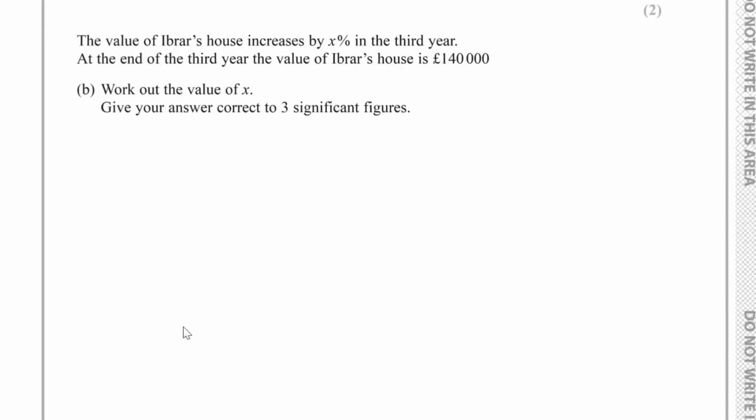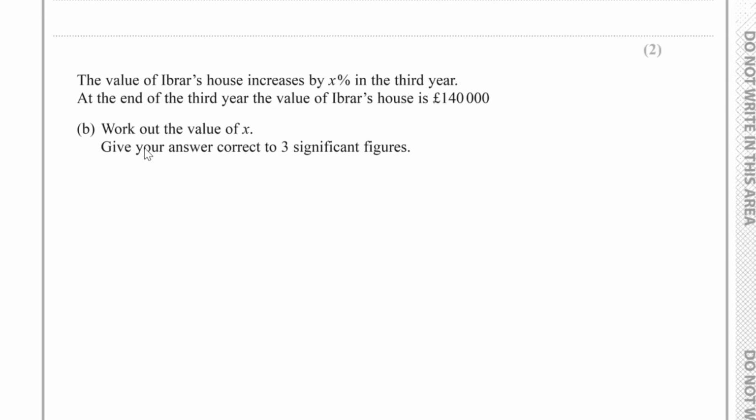Now for part B, the value of Ibra's house increases by X% in the third year. At the end of the third year, the value of Ibra's house is 140,000. We have to work out the value of X. So let's think about how we can go about this question.